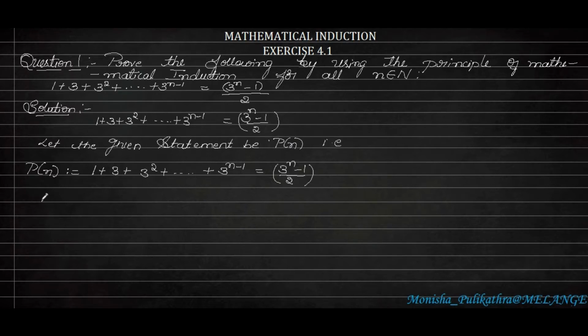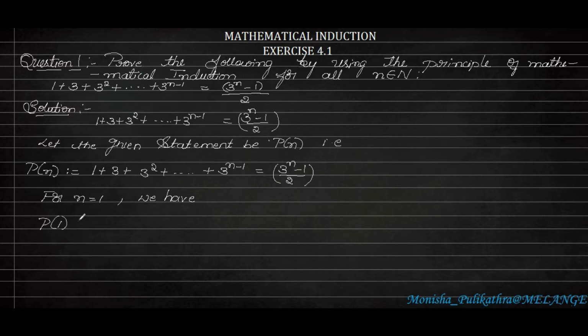The basis step is for n is equal to 1. In the first step we have to assume n is equal to 1. So when n is equal to 1, wherever you see the variable n, you have to assume it as 1.